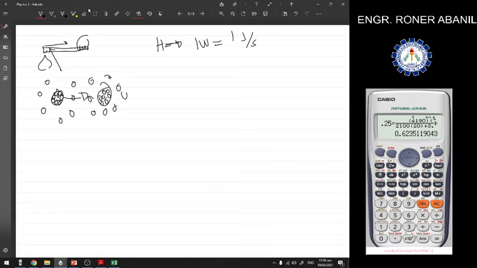So, ito daw ay merong very small na conductivity. Kaya yung sweater natin and styrofoam is nagpapainit sa atin.